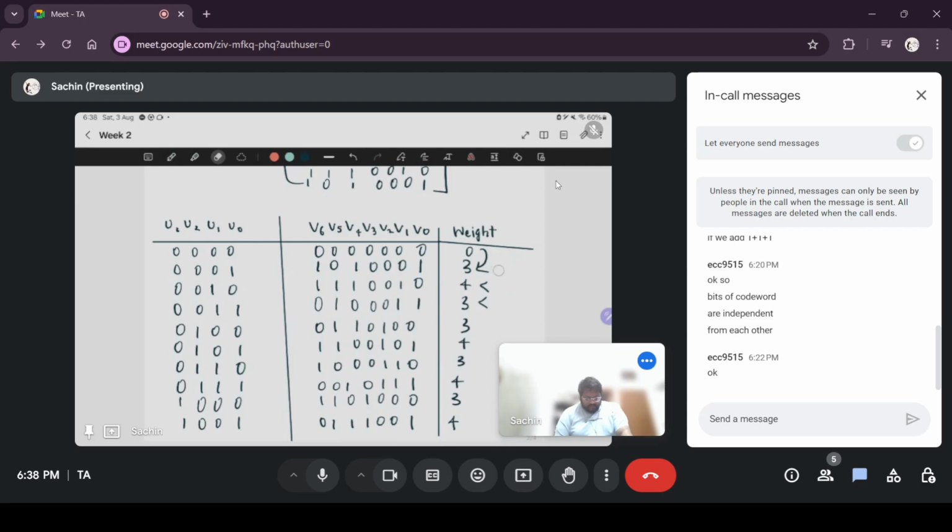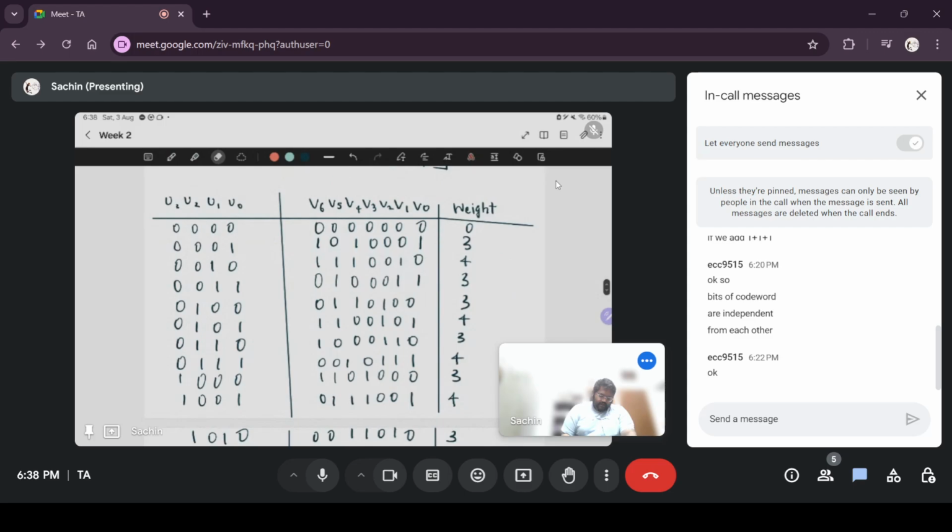So instead of adding them like that, you can see, what is the probability that 0 was changed to this particular code word? Since the errors occur independently in each bit, the probability that this 0 changed to 1 is the crossover probability p.